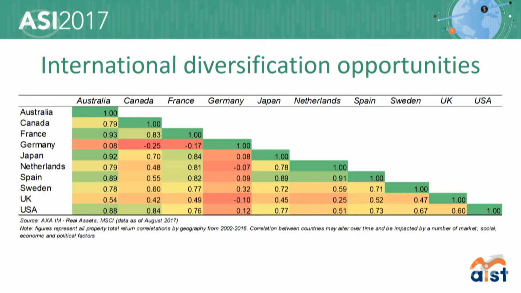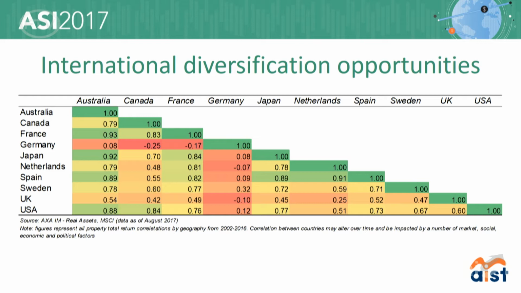Of course, this makes the case for international diversification and reducing home bias. This diversification benefit comes from different micro drivers, but we have to be cautious, because during the Great Recession some correlations went to one. So it also depends on where we are in the cycle.